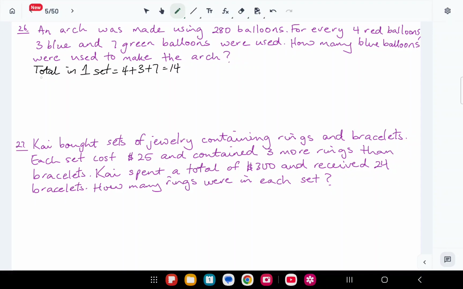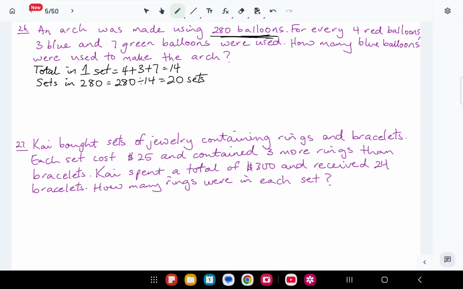So we want to calculate how many sets we used to make this. So they said the arch was made using 280 balloons. So sets is 280 divided by 14, which will give us 20 sets of balloons.